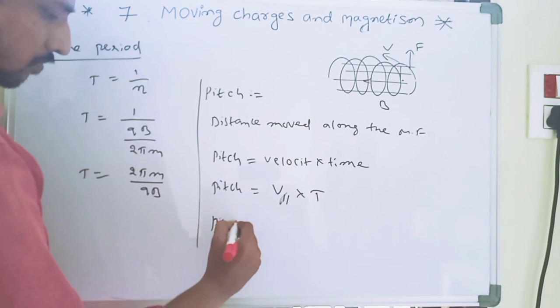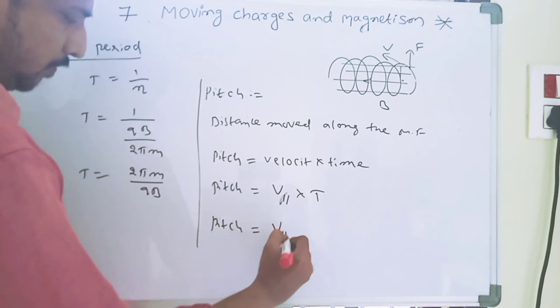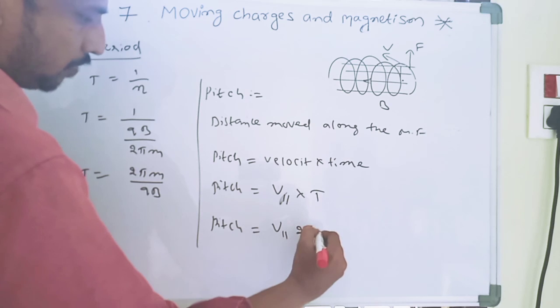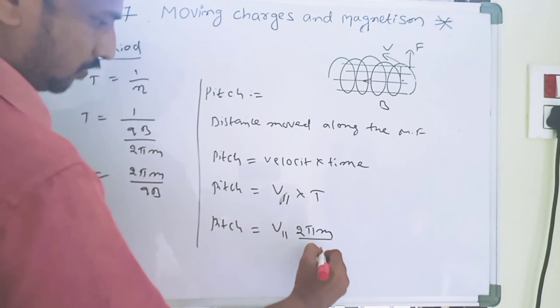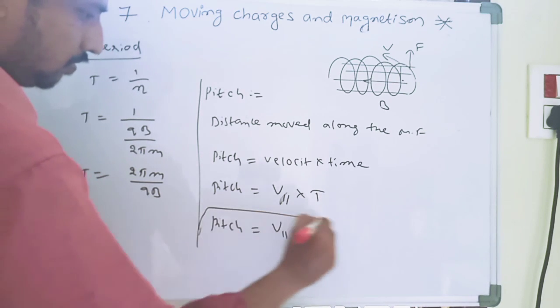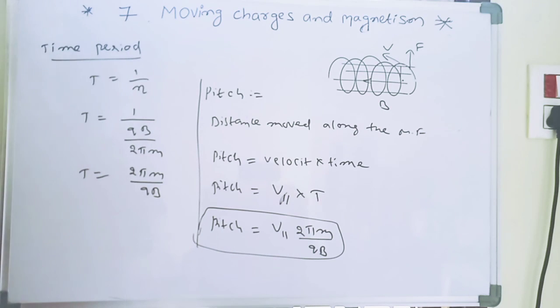Therefore pitch is equal to V parallel into 2 pi m by qb. These formulas are important for problems. These formulas, time period, radius, frequency, will be used in problems.